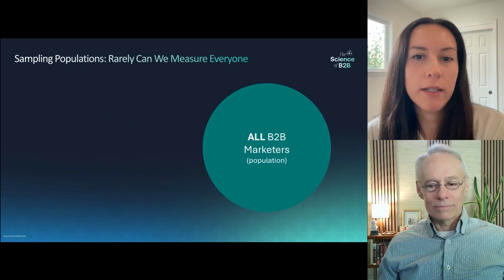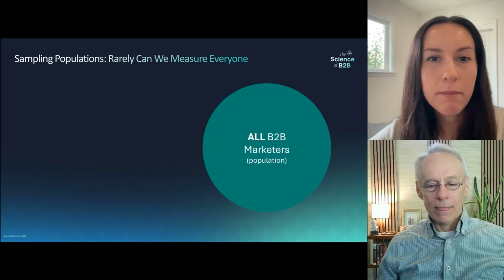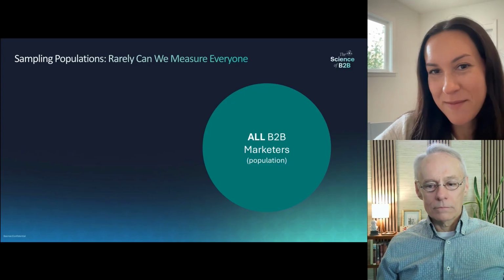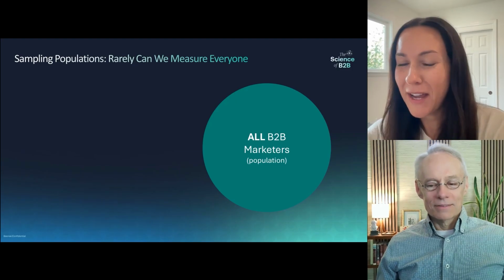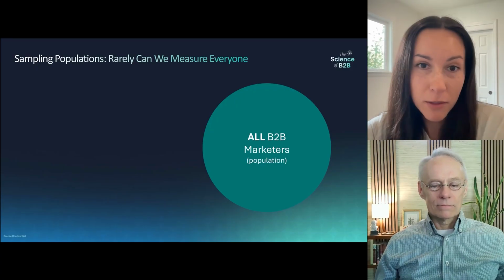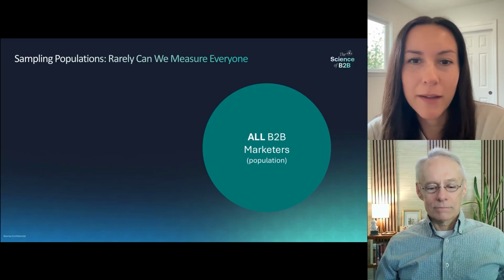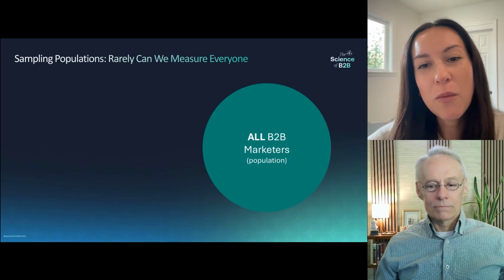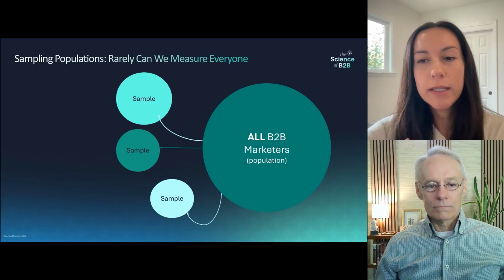We can rarely measure everyone, right? If we are interested in measuring B2B marketers, for example, there are a lot of B2B marketers out there. It would be very expensive to measure everyone and quite frankly impossible, right? Not everyone can participate in the research that we want to conduct or is available. So what we do instead is we sample them, right?